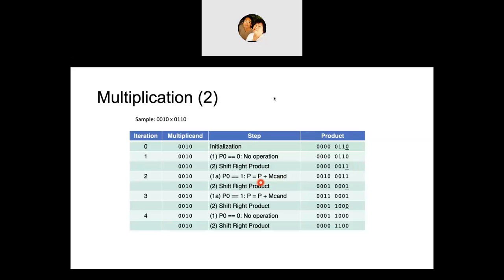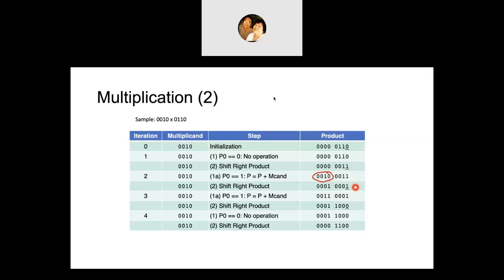So this is the left half of the product plus the multiplicand, and we put it into the left half of the product so that we get this one. 0, 0, 0, 0 plus 0, 0, 1, 0. And this is the result. And we put the result into the left half of the product. And then in step 2, we just shift right the product. So this is what we get.